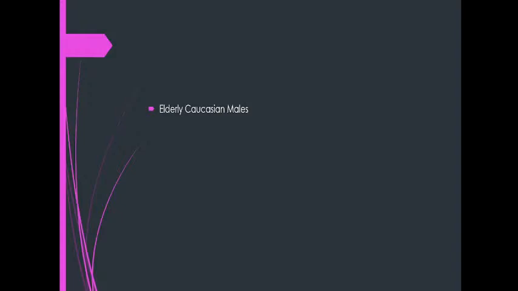Okay, elderly Caucasian men. And they have what you call a staging system for CLL. Medical technologists are involved in the staging system, as you can see later on. And the staging system is known as the RAI staging system.